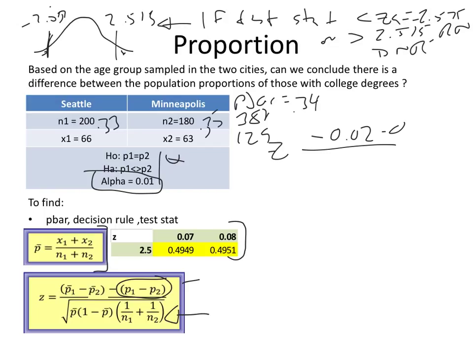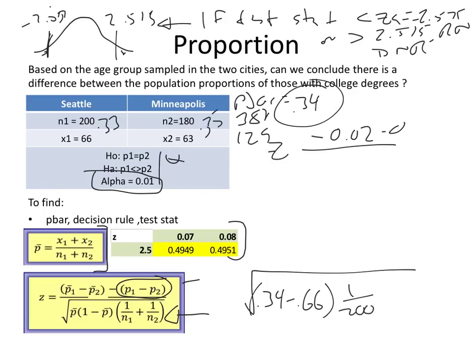And then we'll work on the denominator. That's where this p bar, this 0.34 value, comes into play. So here we've got the square root of 0.34 times 0.66, and we're going to multiply that times 1 over 200 plus 1 over 180. Okay? So far, so good.